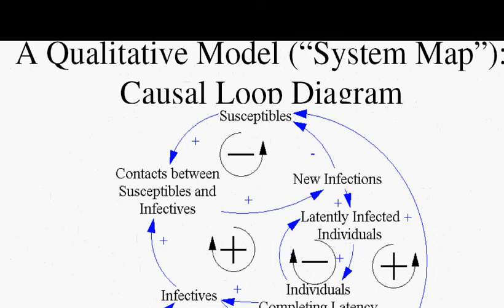Maybe that's the dominant loop initially, and then later it's this loop that limits the number of contacts because of depletion of susceptibles. Those may be elements of shifting loop dominance, and they can be highlighted mathematically on the basis of calculations based on the underlying differential equations.